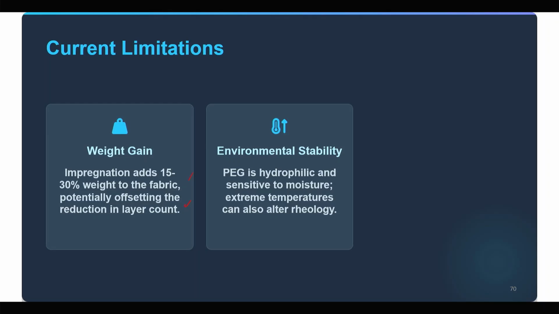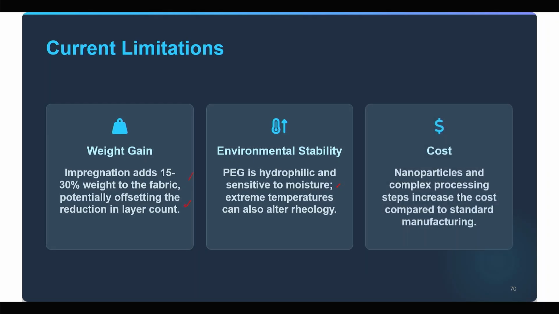Polyethylene glycol is hydrophilic and sensitive to moisture, and it is also not stable in extreme temperature. And obviously cost: the entire process will be very expensive as compared to the standard manufacturing process. So, these are the current limitations.